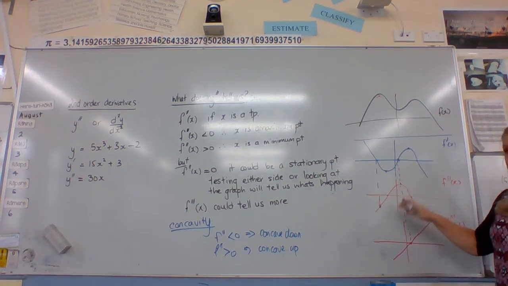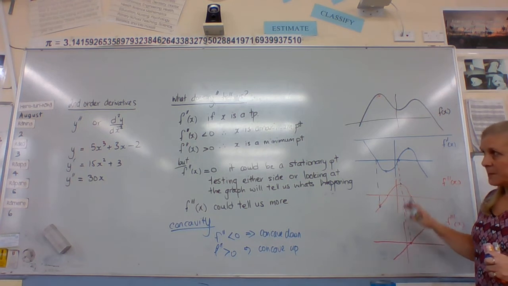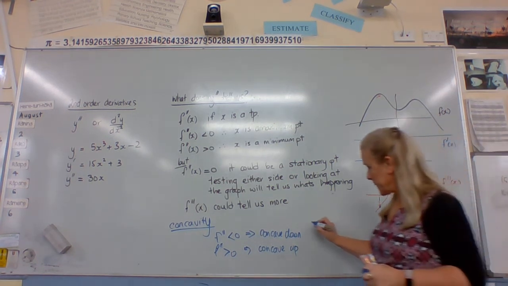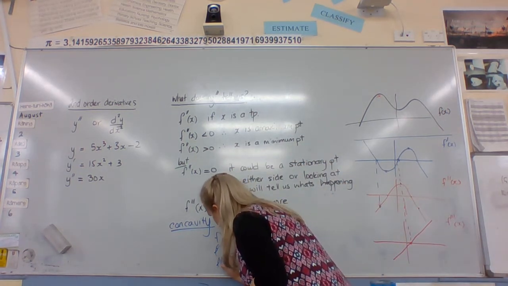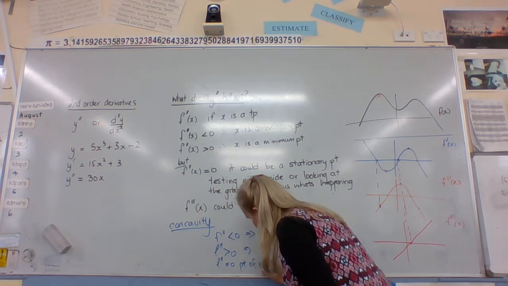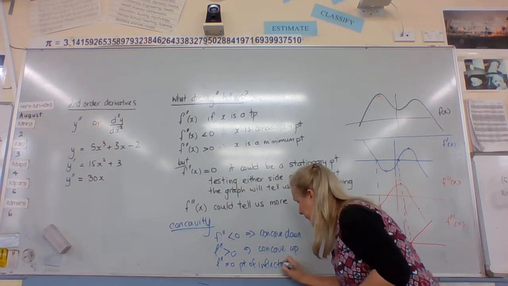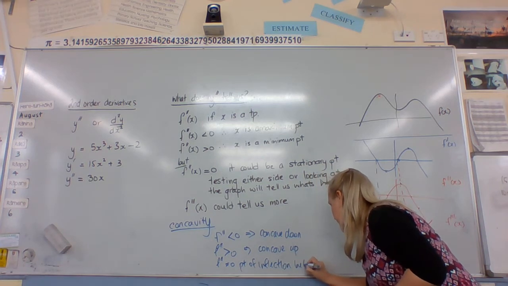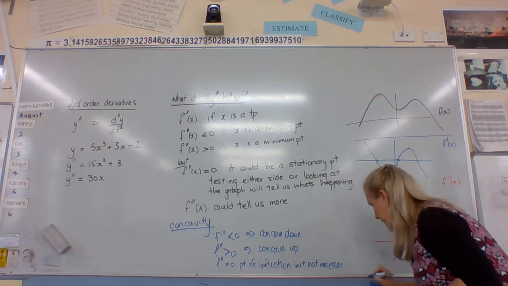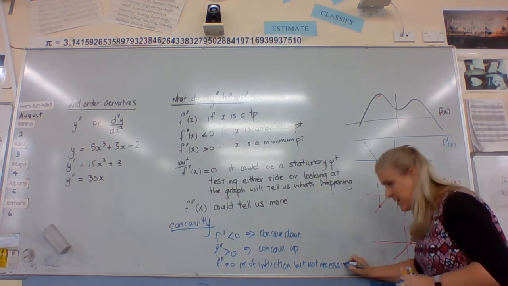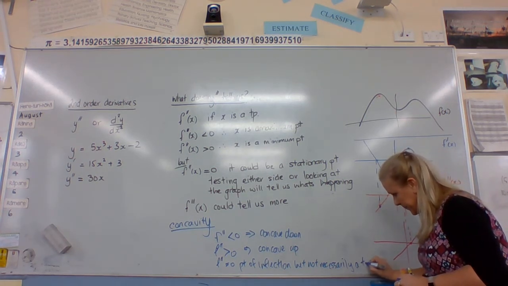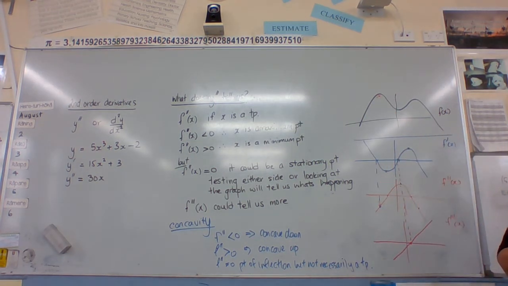If we have f double dash equal to 0, we have another point of inflection, but not necessarily a turning point.